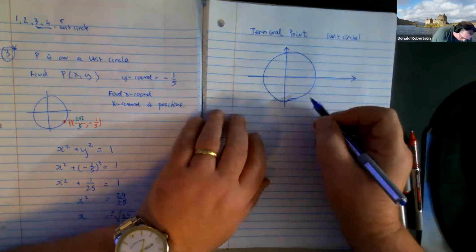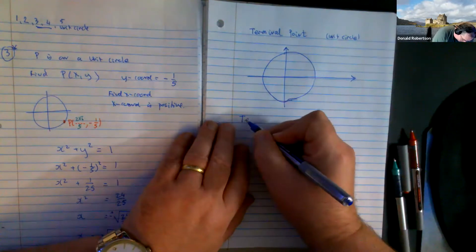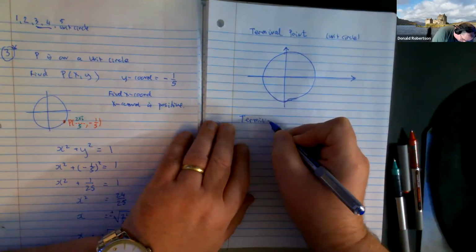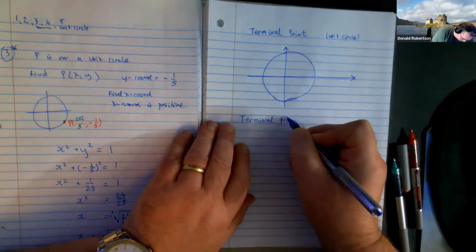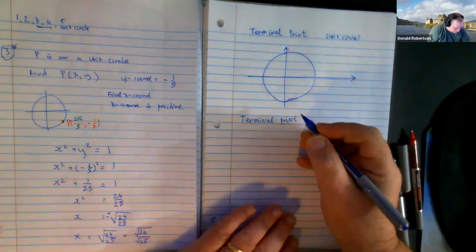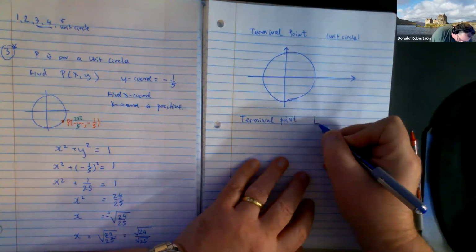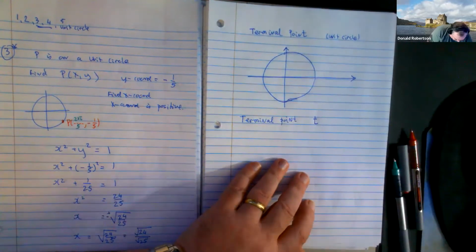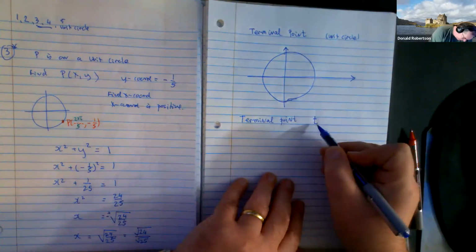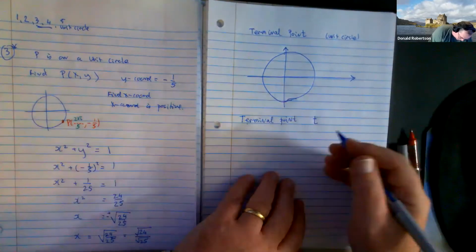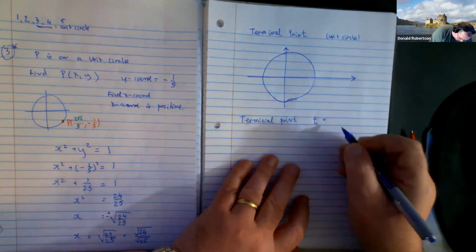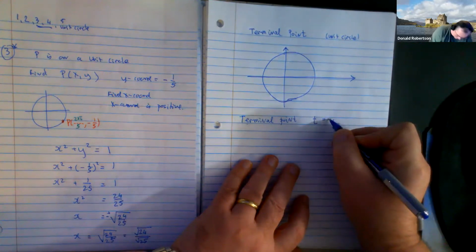The terminal point is very often written with the letter T instead of theta. I like theta, but they want T. I think they pick T because it starts with the same letter that terminal starts with. And I give you a guy like that.